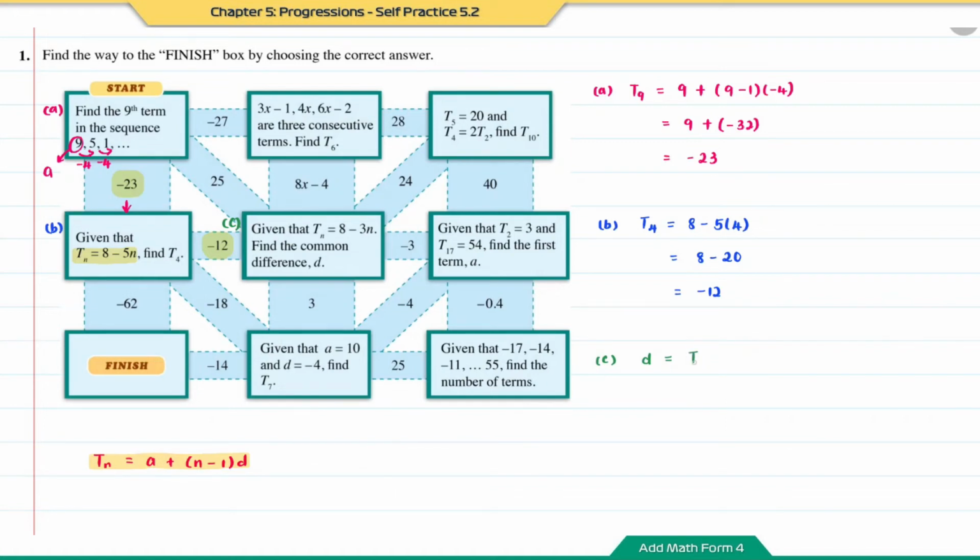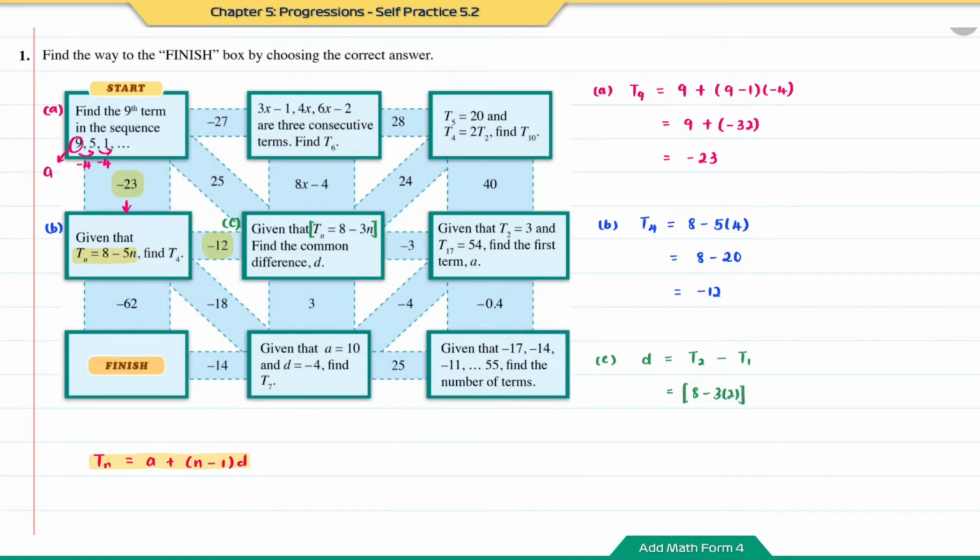So here I'm going to use the second term minus the first term. Using the formula given here, for the second term, I'm going to substitute the n with 2. So this one will be 8 minus 3 times 2.